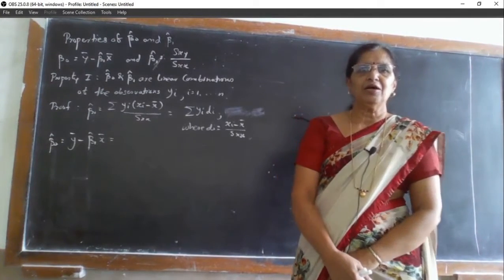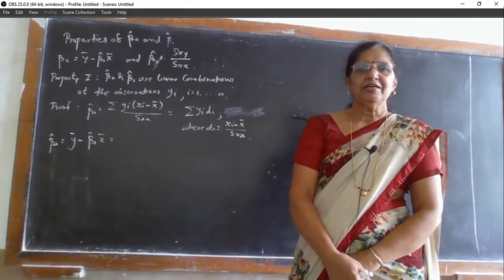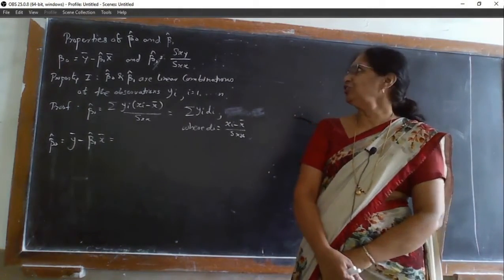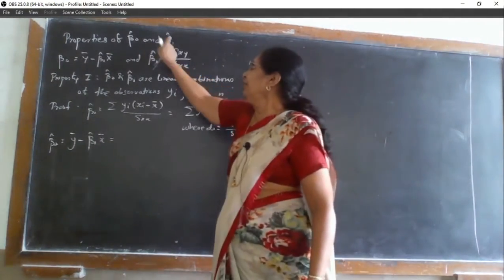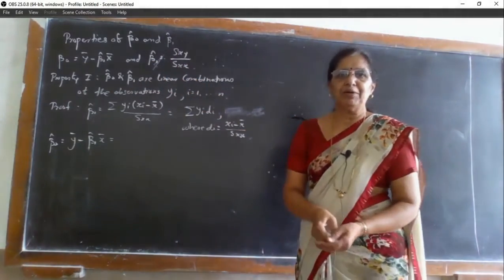Friends, up till now we have discussed how to estimate the regression coefficients beta naught and beta 1 using sample quantities.